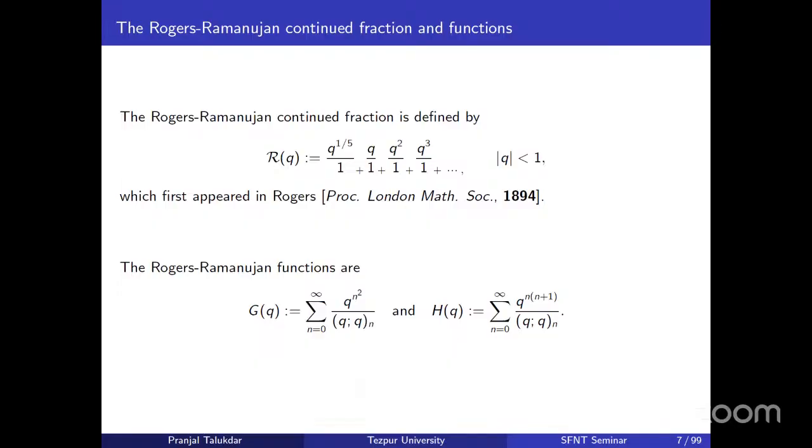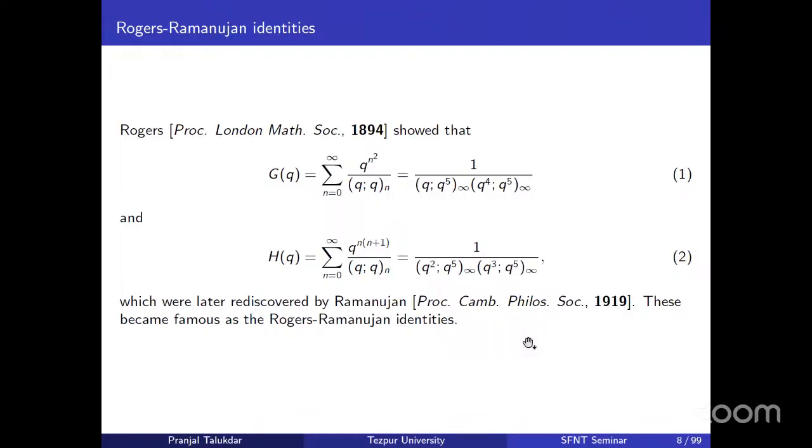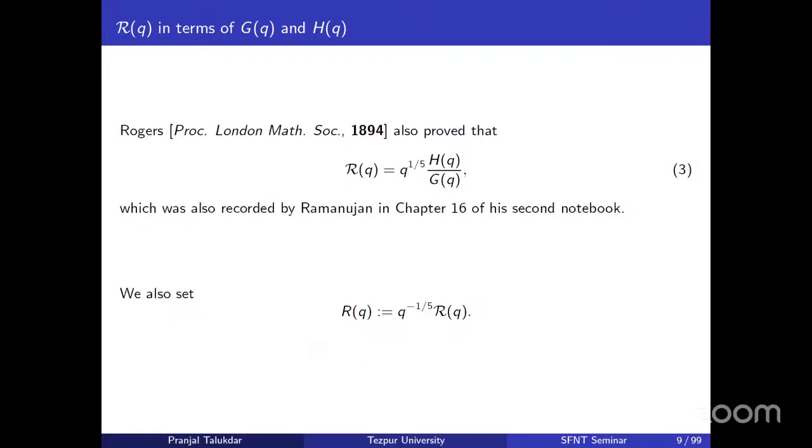Next, the well-known Rogers-Ramanujan continued fraction is defined by this continued fraction, and the associated Rogers-Ramanujan functions are denoted by these two infinite sums. Rogers, in his seminal paper in 1894, proved the infinite sum to infinite product identities for these two Rogers-Ramanujan functions, G(q) and H(q), which later became famous as the Rogers-Ramanujan identities.